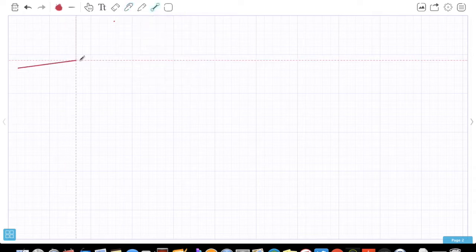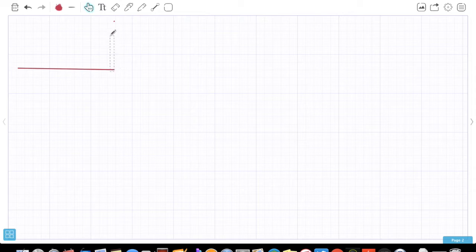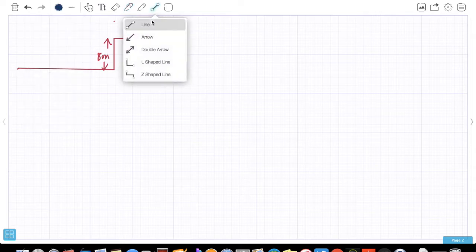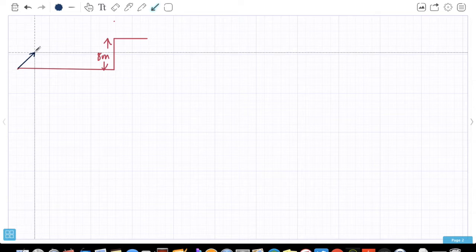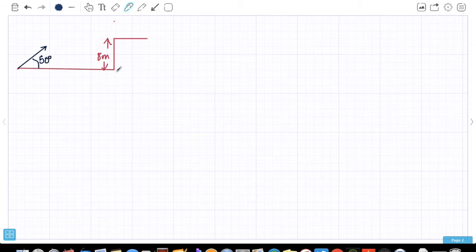some kind of environment where there's a hill or some kind of target on top that is 8 meters above. So this here is 8. And then our projectile starts here and is going 50 degrees from the horizontal.